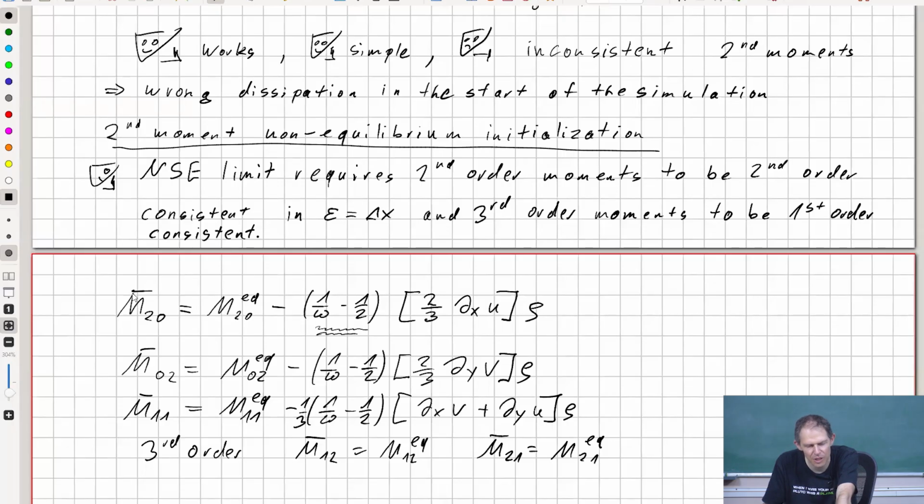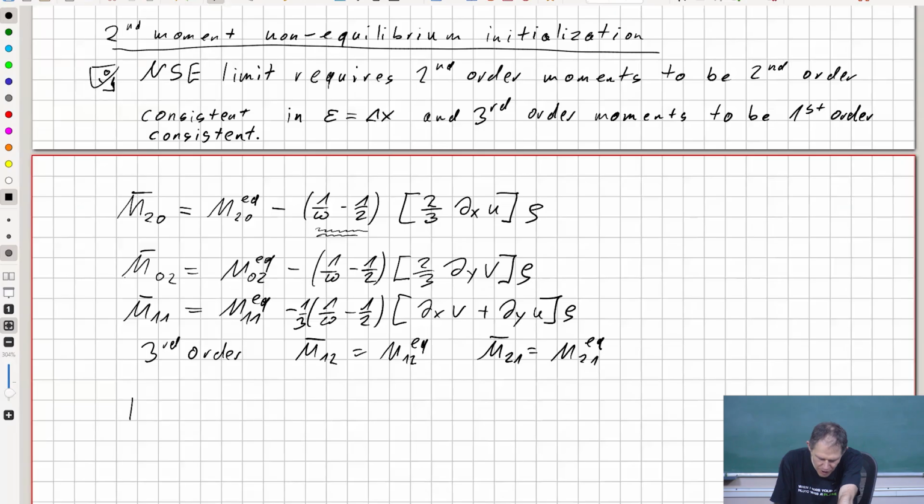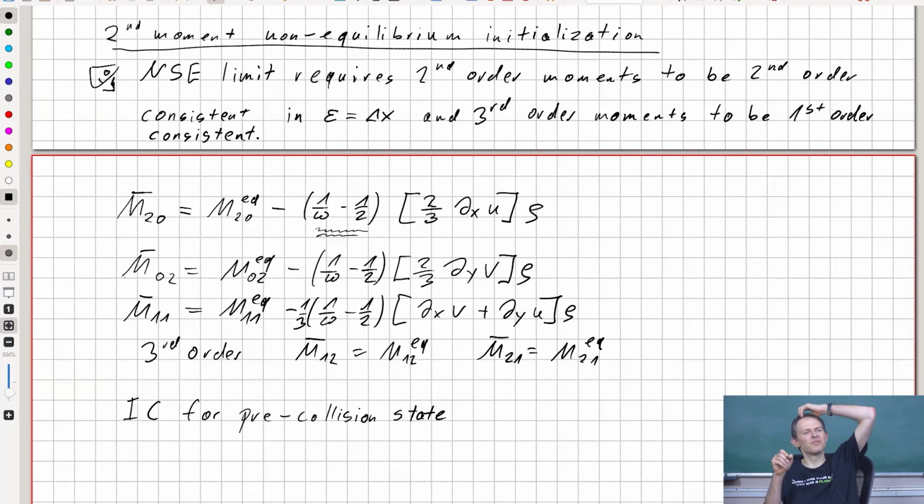What we have is the pre-collision state, so the initial condition for the pre-collision state. Yesterday somebody asked me, is it important to start with a collision or with a streaming?